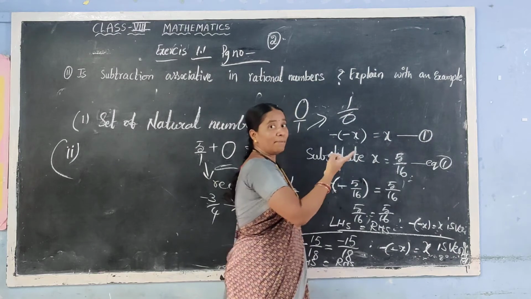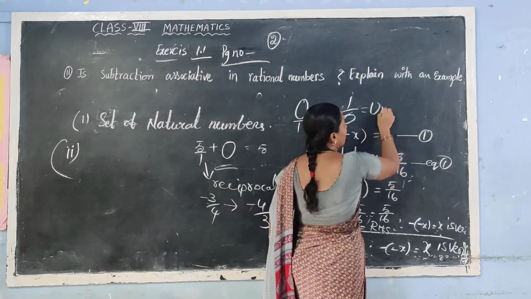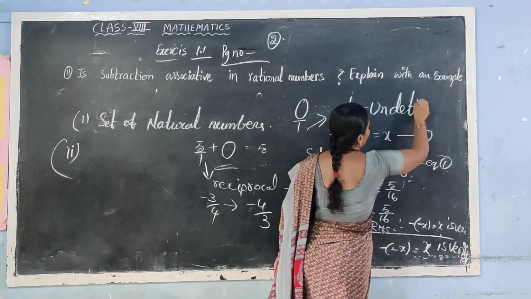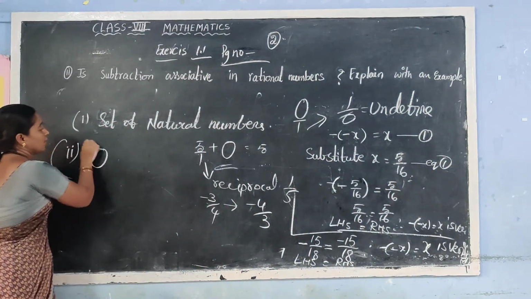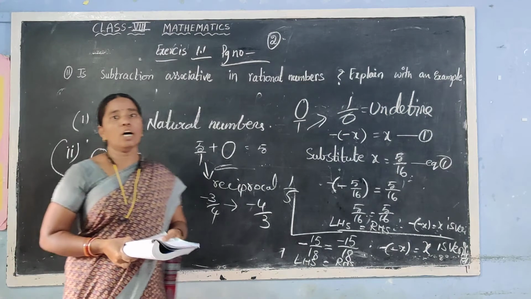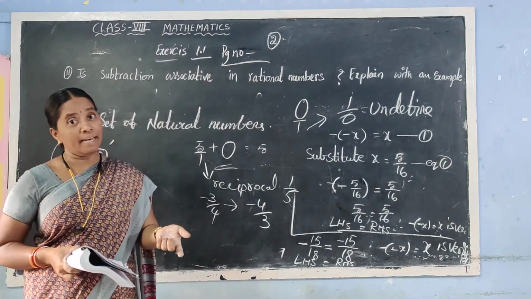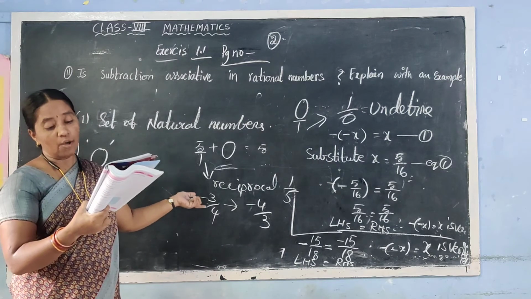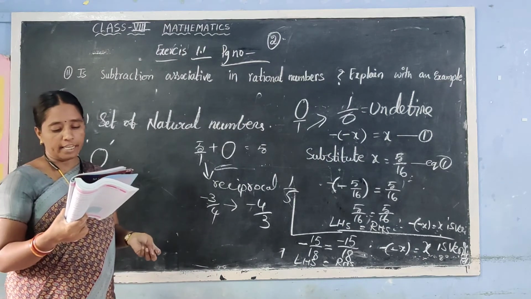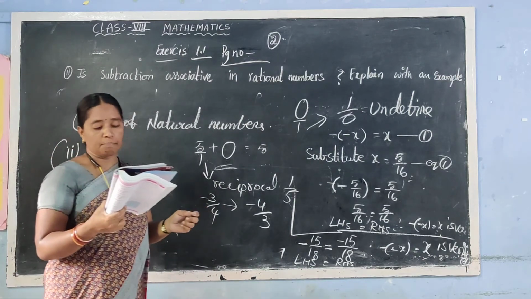But 1 by 0 is undefined. Yes or no? So what is our answer? 0. Okay. So 0 is a rational number, but it does not have any reciprocal. Okay, Nana?